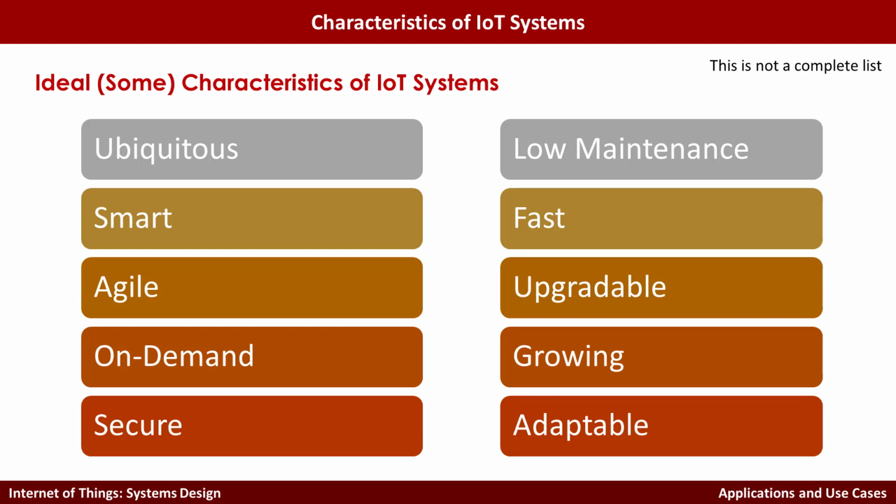But given that the particular camera fails, the doorbell camera now replaces its role as a doorbell camera with that of a CCTV camera. So those kinds of adaptations could be endless. There could be many different types of adaptation, and all of these are the characteristics of an ideal IoT system.